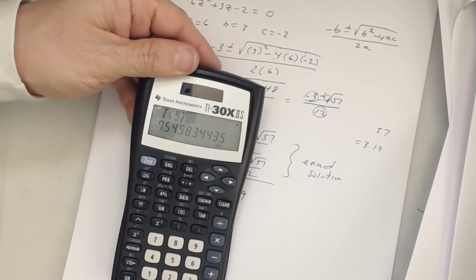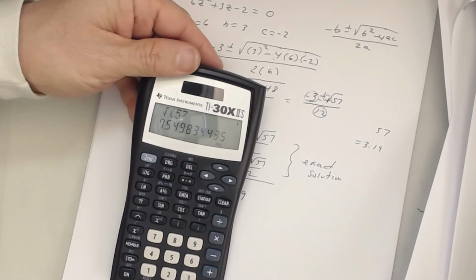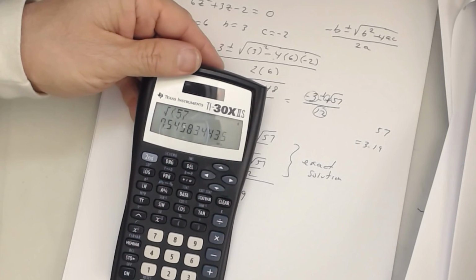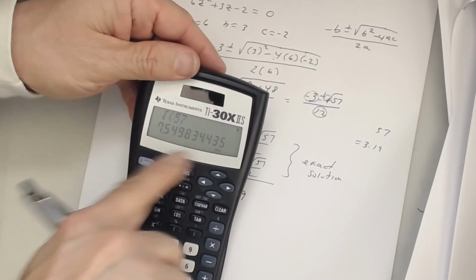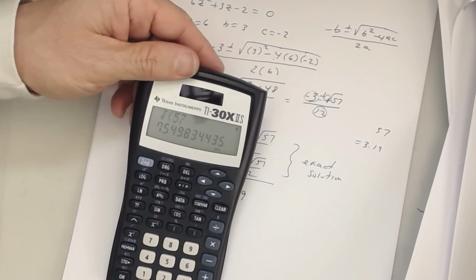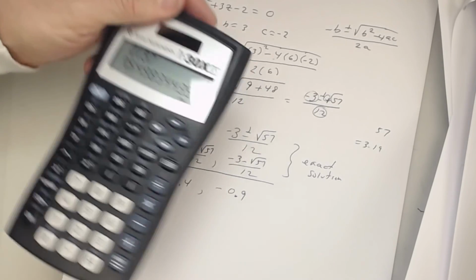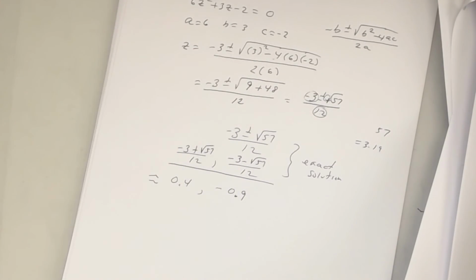No, that's not an integer. The integers are numbers like 1, 2, 3, 4, 5, 6, 7, 8, 9, 10, 0, negative 1, negative 2, negative 3. That's not any of that. Okay? Okay, so that takes care of this part B.